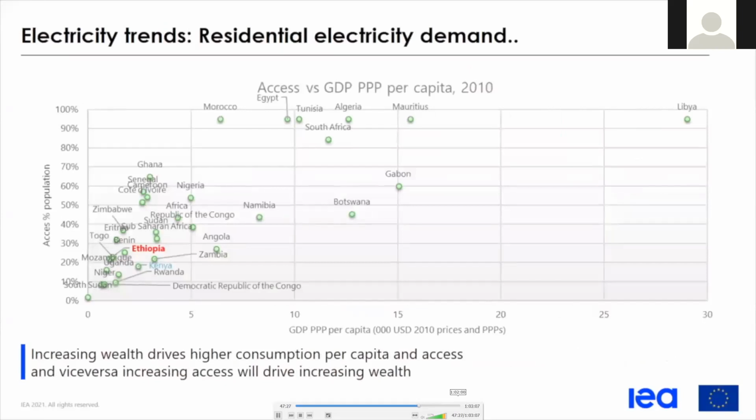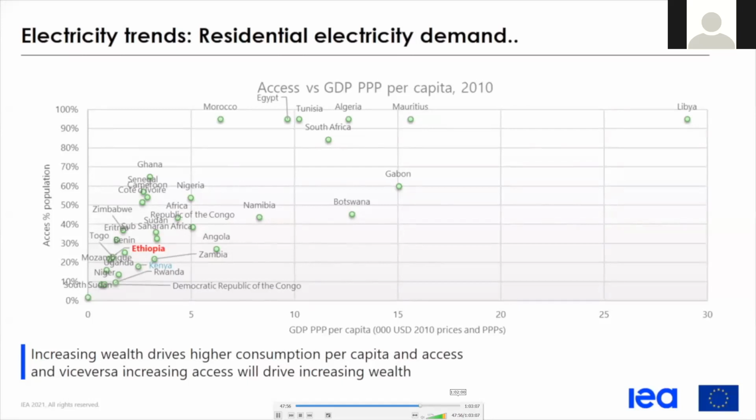So now let's have a look at residential electricity demand, since it was that important in the previous slide. The increase in wealth drives higher consumption per capita and then allows more people to have access to electricity in those countries. And this is a feedback loop. The more access leads to an increase in wealth, and so on.